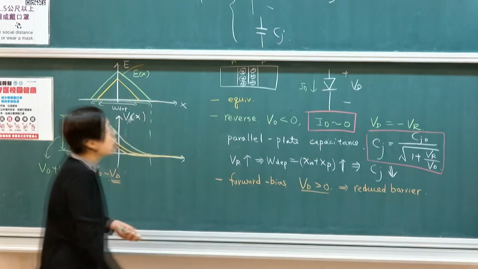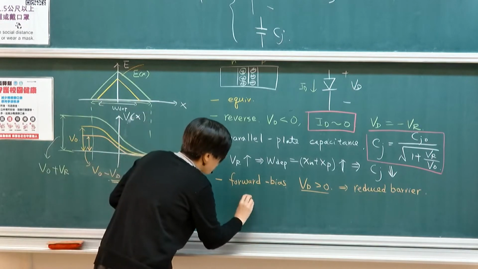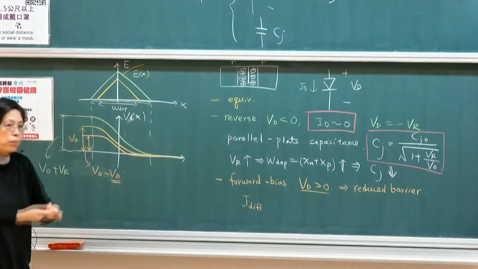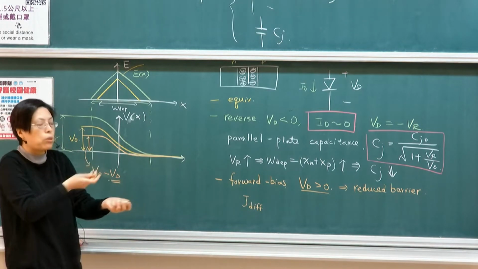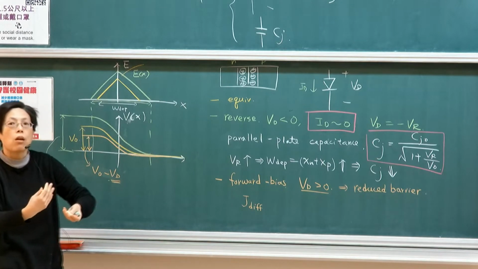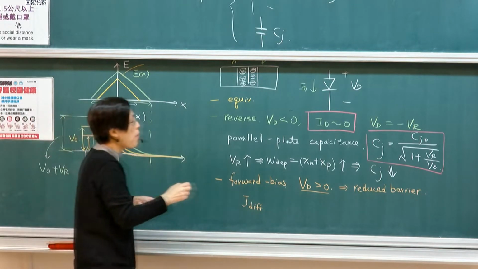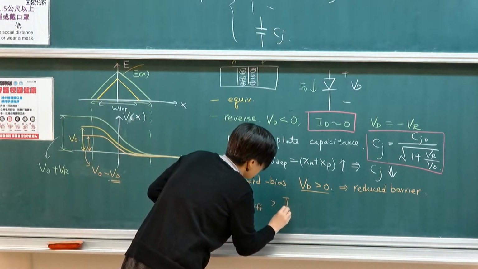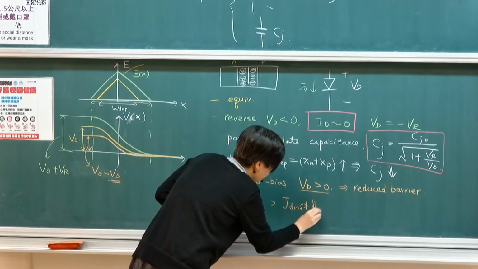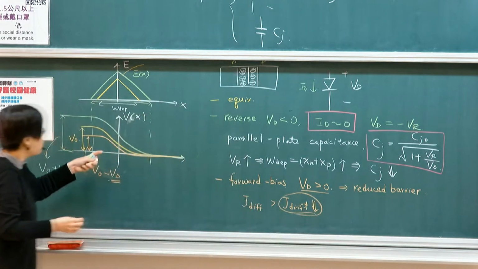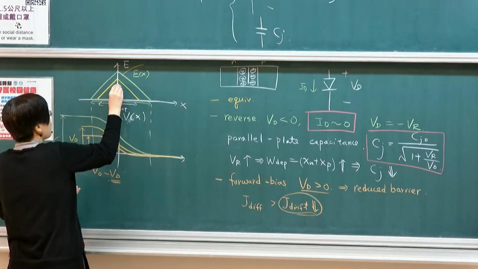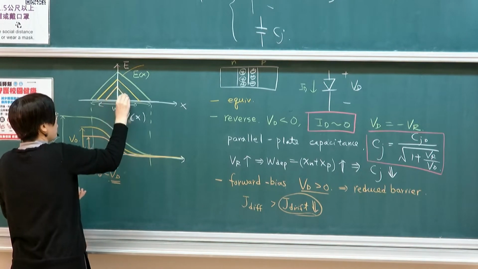Once you have the reduced barrier, this will allow the current to diffuse because I don't have this barrier between the two. The diffusion force will still be there, but the resistance is lower. Therefore, diffusion will become higher. I'm reducing my drift force by reducing the barrier. Or you can see from this plot, you're going to get a smaller triangle.